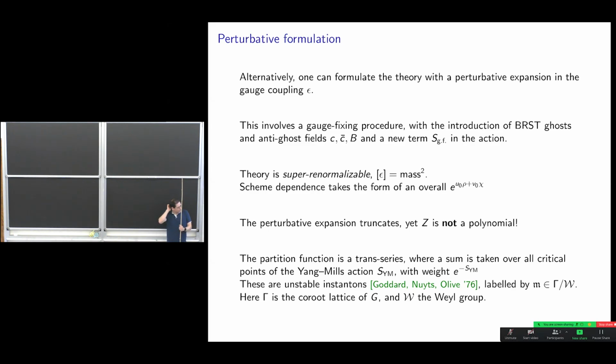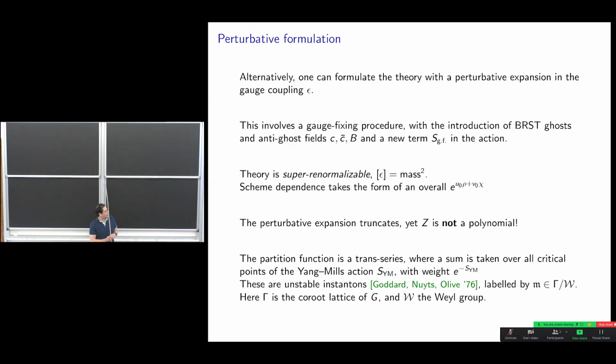And these are unstable instantons. They're not necessarily minima or local minima of the action. They can just be critical points. And they are labeled by a magnetic charge that takes value in the coroot lattice of your gauge group, modulo the action of the Weyl group.